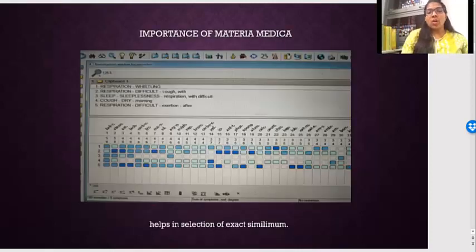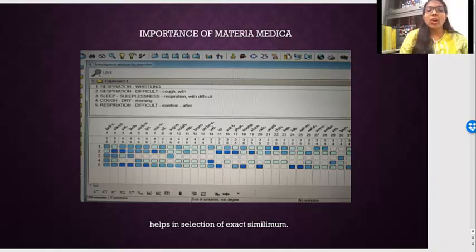Next we'll focus on the importance of Materia Medica. For example, we get a case of respiration with cough. So we took the rubrics whistling respiration, respiration difficult cough with sleeplessness, difficult respiration, cough dry morning, respiration difficult exertion after, right?